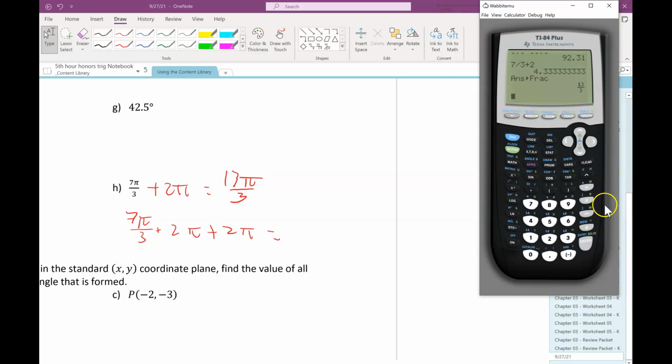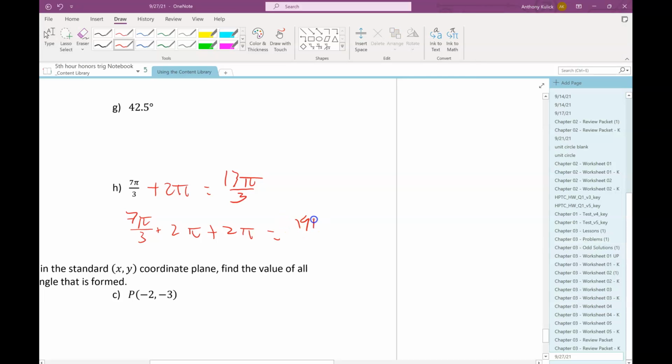And Evan, this is why I'm going to add 2 pi twice: typing into my calculator is going to be less buttons, because I can just take my previous answer and add 2 to it. But there's nothing wrong with what you had suggested either. So when I do that, I get 19 pi over 3 for my other one.